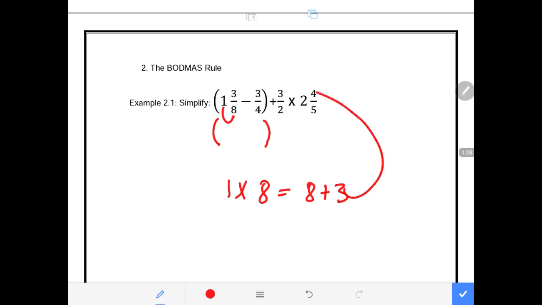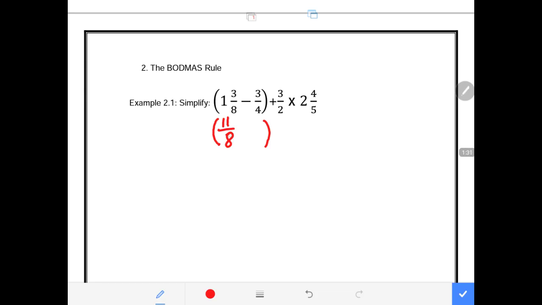Where is the 3? The 3 that is up there. We say 1, which is the whole number, times the denominator plus the numerator. In simple terms, 1 times 8 is equal to 8. 8 plus 3 gives us 11. Therefore, now we have 11 over 8.